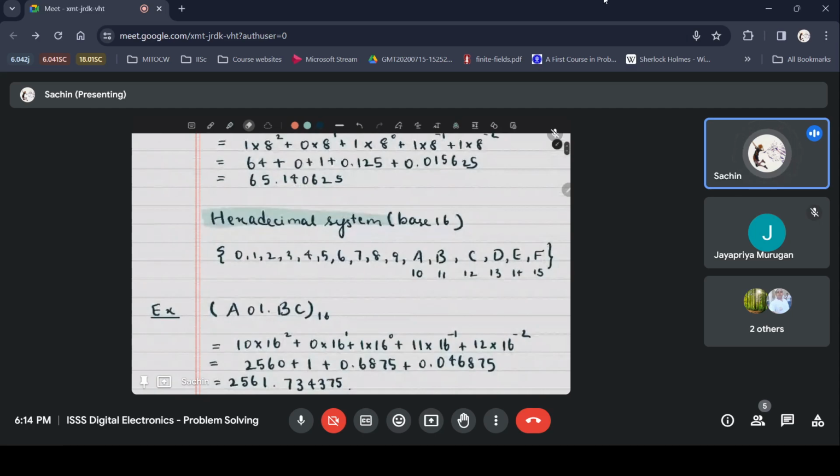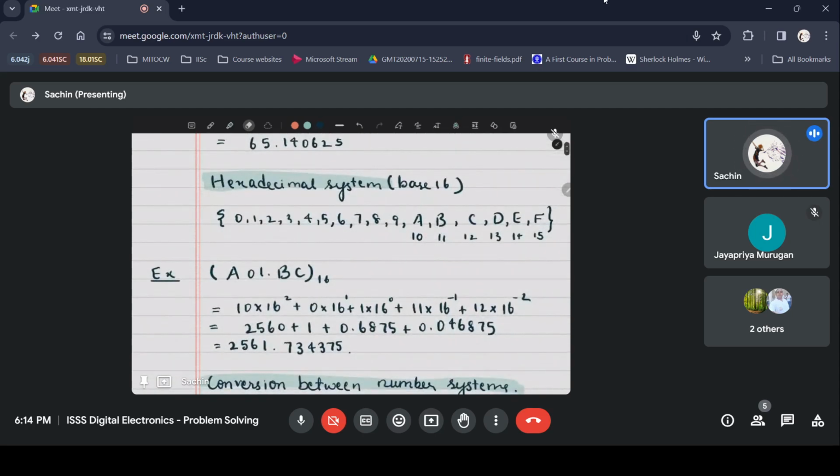And similarly, say you have some number A01.BC, its value in decimal would be: A is 10, 10 times 16 squared.